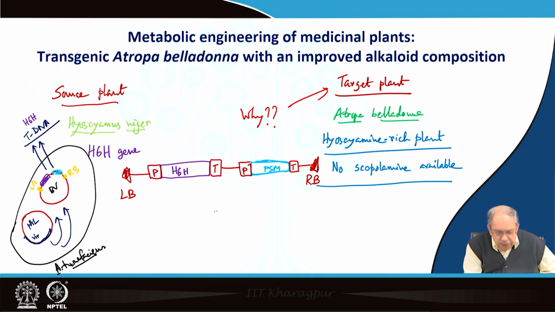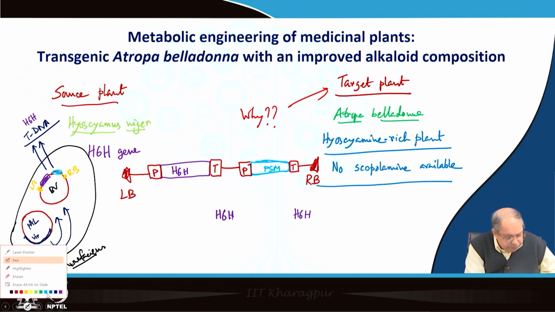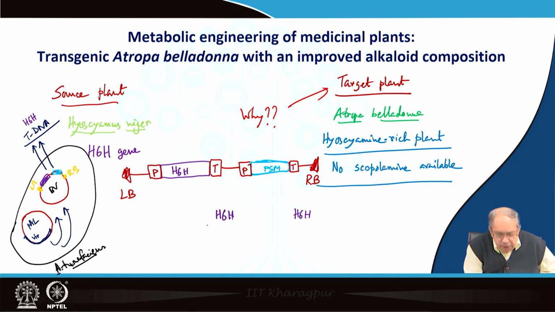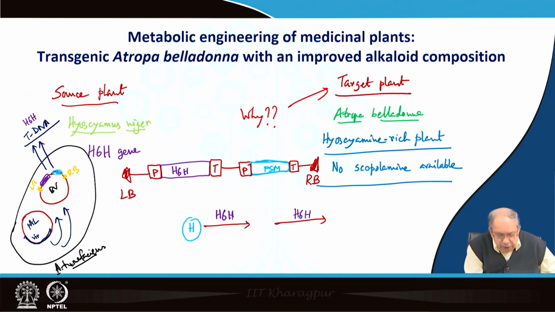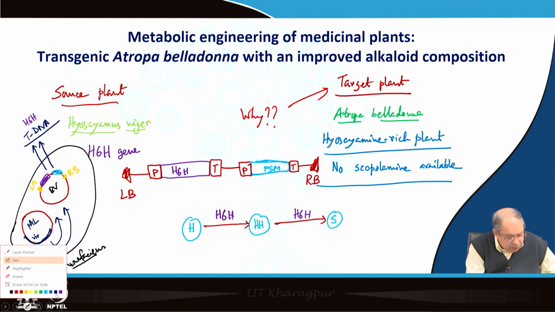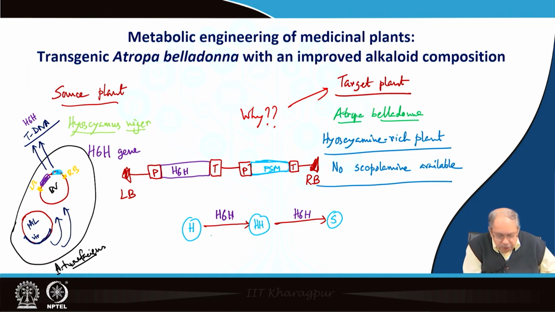Let me briefly once again remind you of the enzymatic reaction. The enzymatic reaction converts hyoscyamine, which I just denote with H, to 6-beta-hydroxyhyoscyamine, HH, and then to scopolamine, S. The first one, as I mentioned, is the hydroxylation, and the second is the epoxidation.